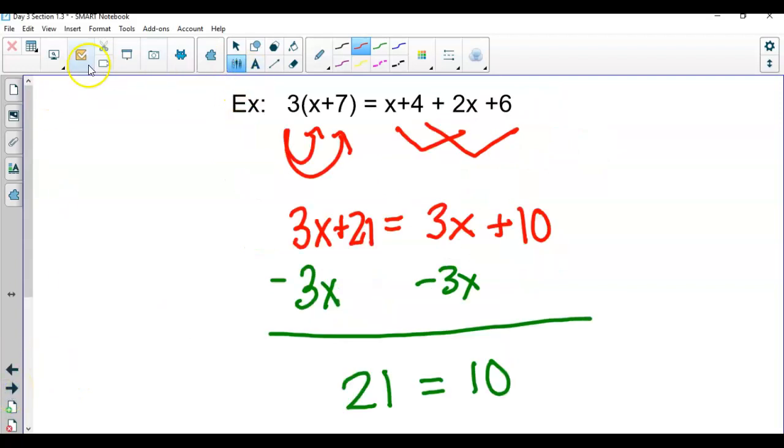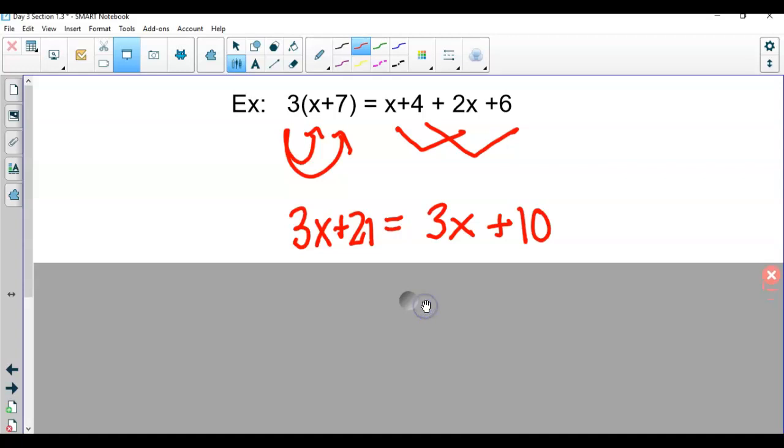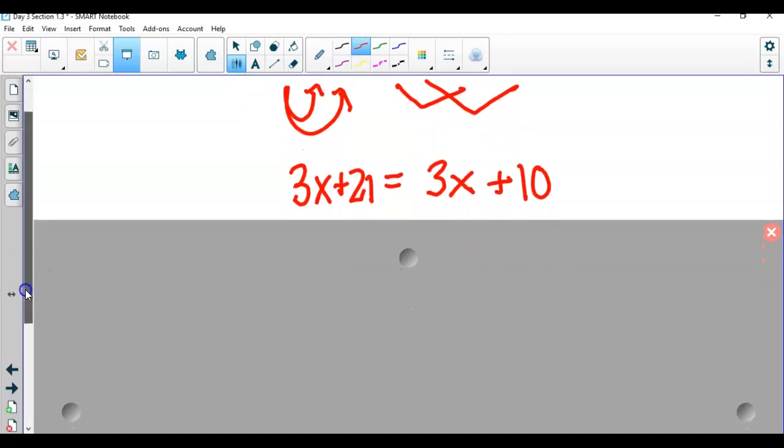Okay, let's finish up here. A couple unique situations. So I have this problem here, 3 times the quantity of x plus 7 is equal to x plus 4 plus 2x plus 6. So what I did is I distributed and I combined terms over on this right side and distributed on the left side. When I did that, I got 3x plus 21 is equal to 3x plus 10. Now, some of you know what happens right away, but let me talk through it in case you don't.